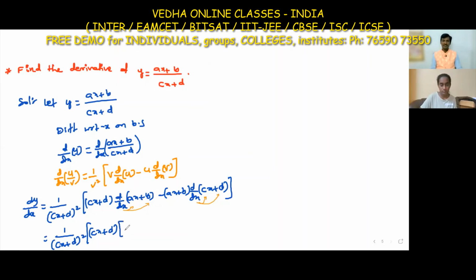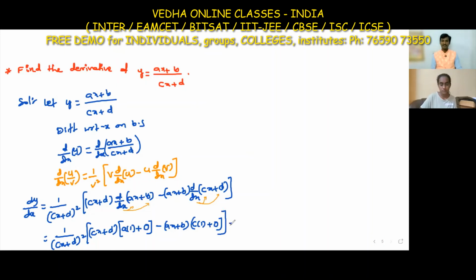So that means we get a into d by dx of x is 1 plus b, d by dx of b constant derivative is 0, minus (ax plus b) is outside, d by dx of cx, c into x derivative is 1 and constant d derivative is 0.